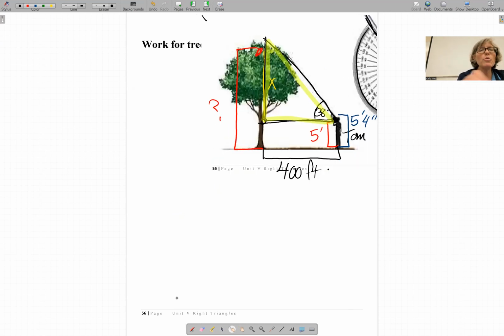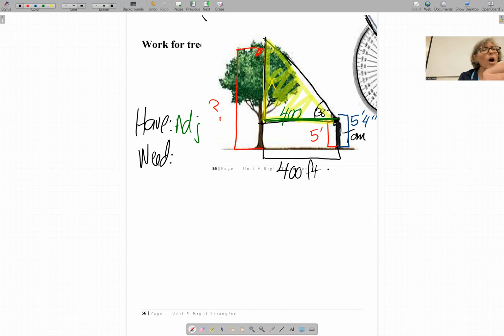All right, so we're going to work with that yellow highlighted triangle. Have, need, do. We have the adjacent side, which is 400. We need the opposite, which is this X. So I've got an O and an A, and I'm looking for a side length, so that's tangent.